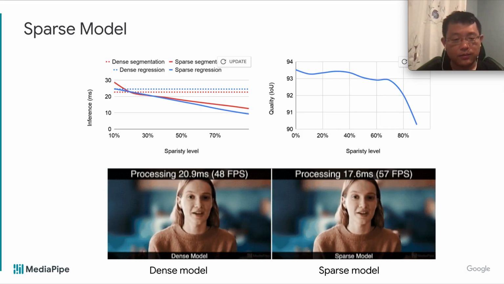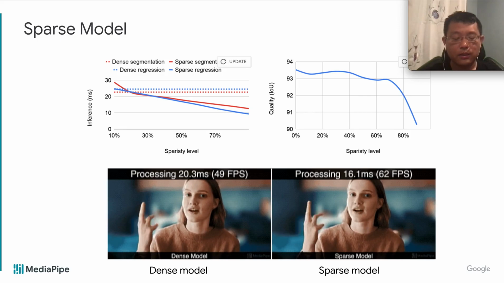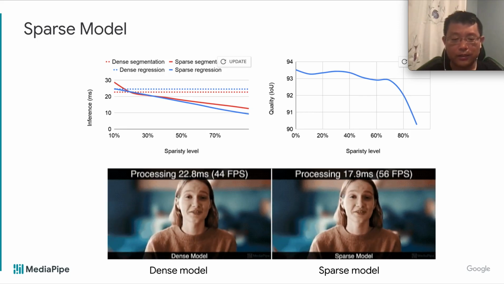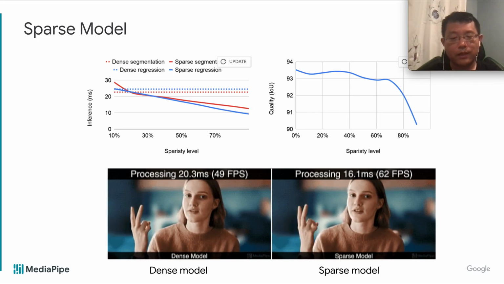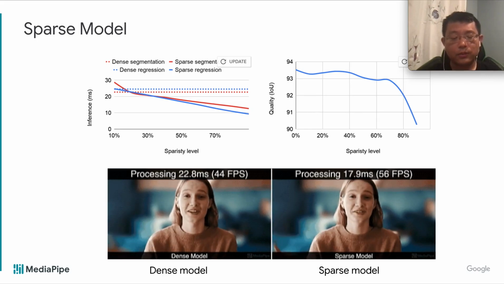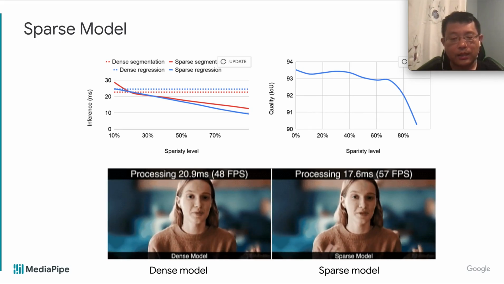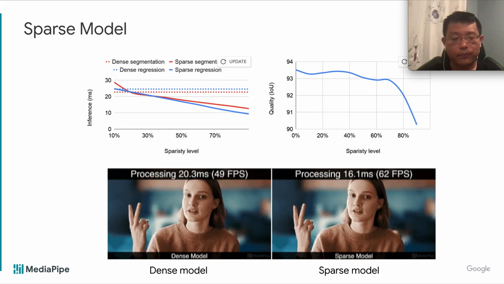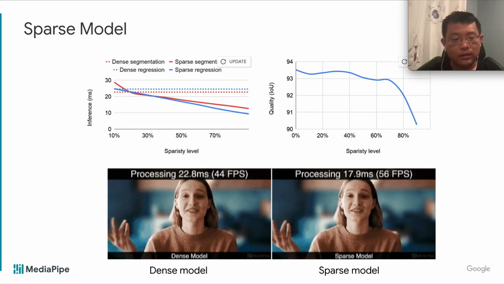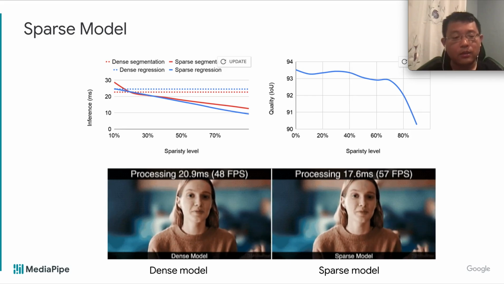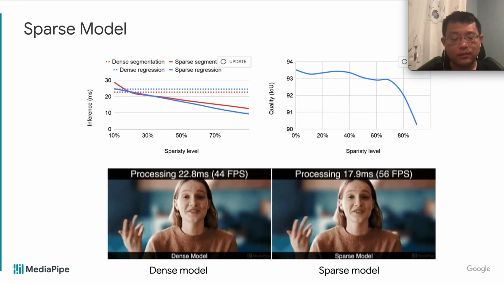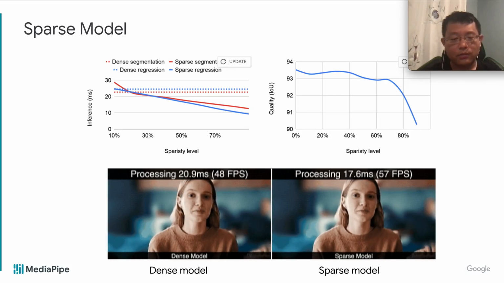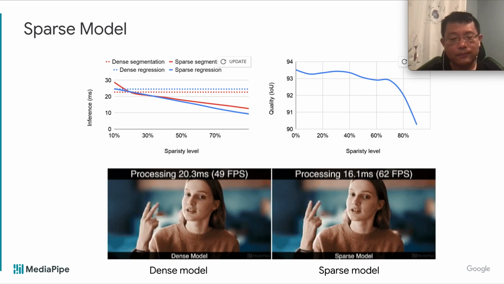When increasing the sparsity, at some point, the quality drop is significant. According to the measurement, we can find a good trade-off between speed gain and quality drop. In the example of segmentation, we build a sparsity model that runs 30% faster without dropping the quality.